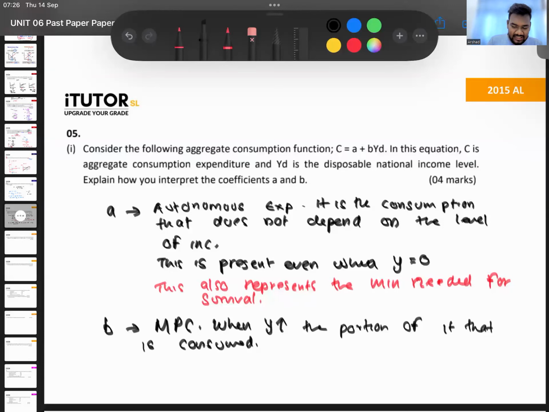And you can also say, guys, what can you tell about the marginal propensity to consume, the B component, as income increases? What happens to MPC? Does it increase or does it decrease? What happens to MPC when income increases?